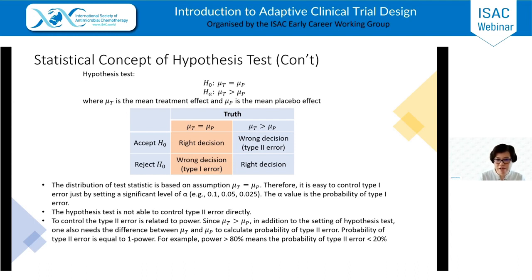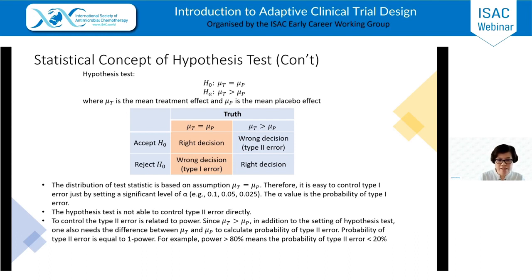So here's the type 2 error. Because it's under the assumption your treatment is different from the placebo. So controlling type 2 error is related to the power. That's what we're talking about, the power. Now to calculate the power, it's not that easy. You need to put in the detailed difference between mu t, the sample mean of treatment, and the placebo effect.